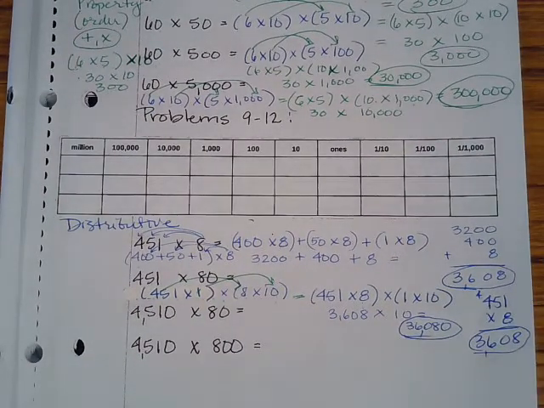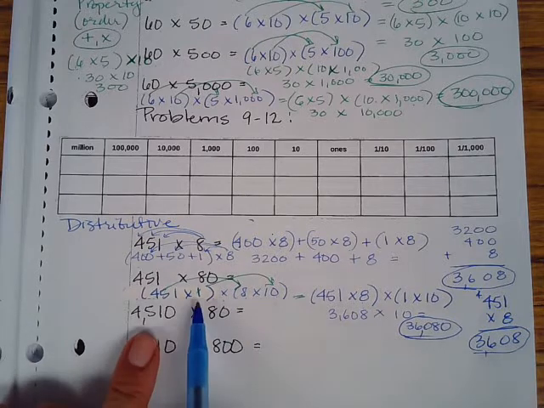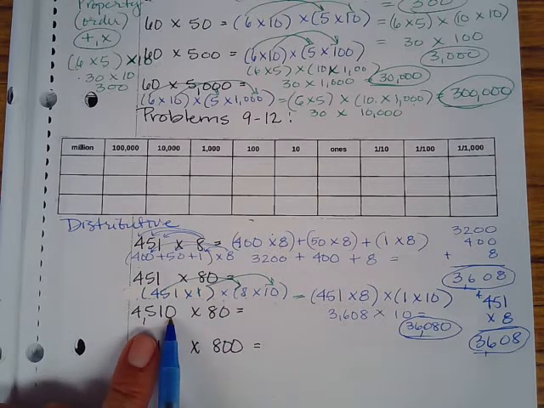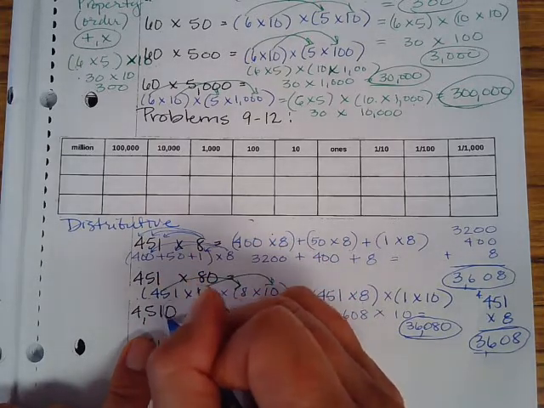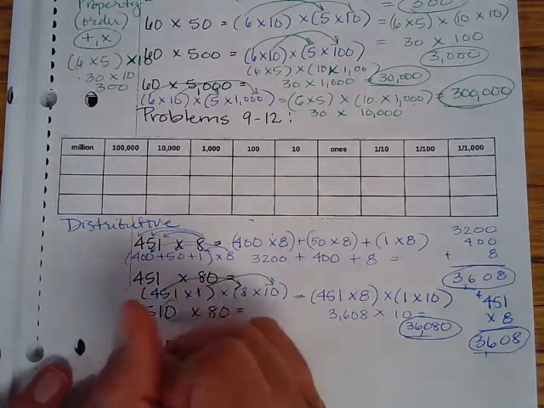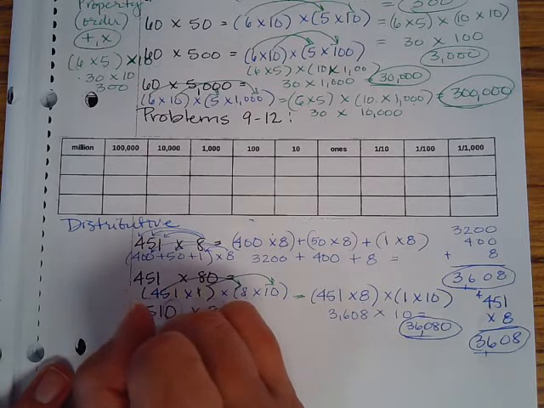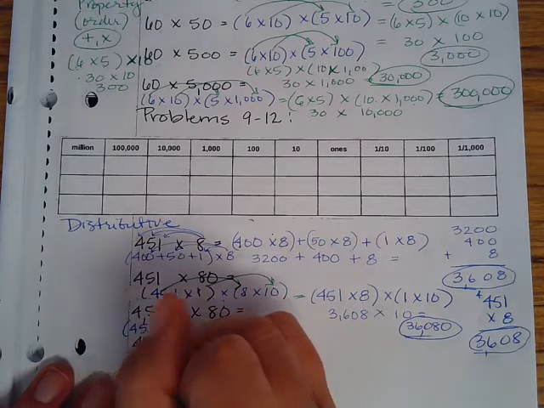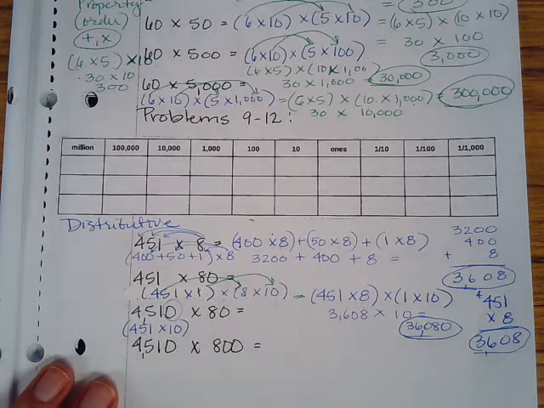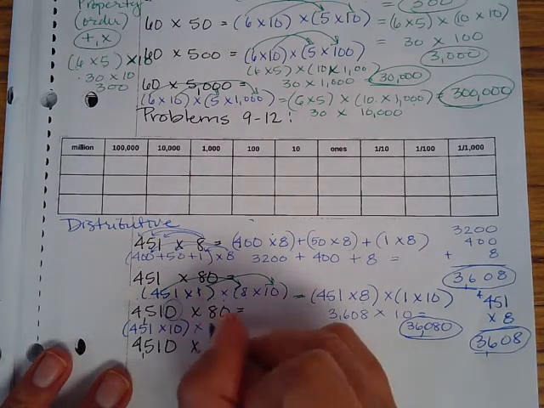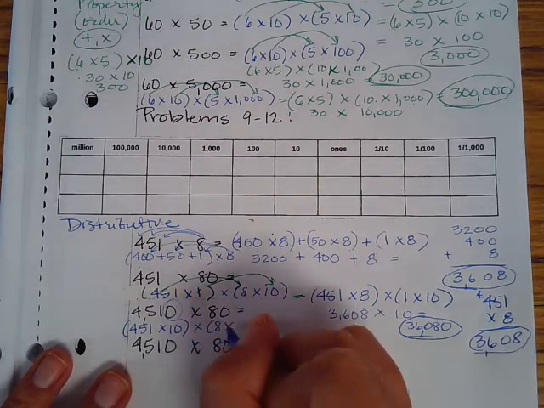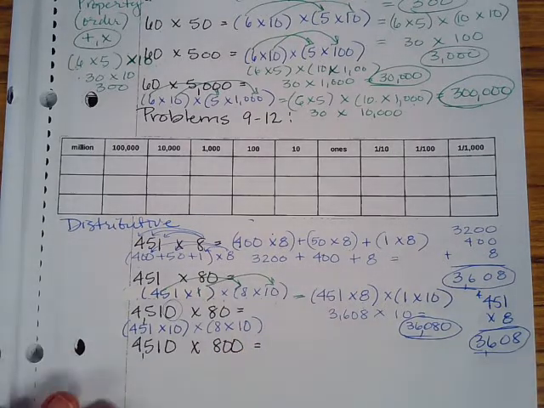Now, let's go to the next one. So instead of multiplying by 1, you're going to multiply that by 10. So we're going to take this 0 out. So we're going to go 451 times 10 times 8 times 10. Now we're going to distribute.